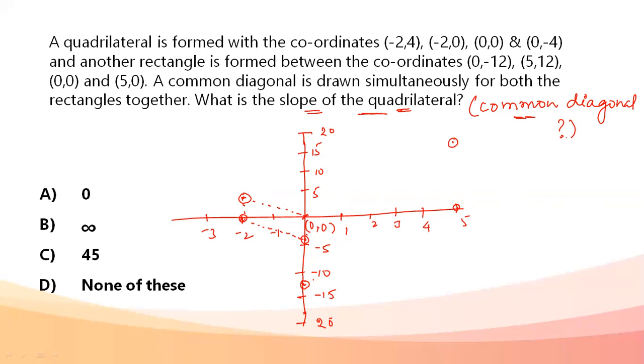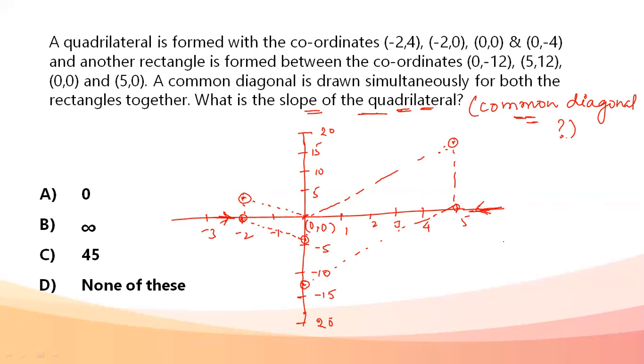Now joining all of them, when we try to look at the common diagonal, this diagonal along the x-axis is what is the common diagonal. So what they want to know, the slope of the quadrilateral, is actually the slope of the common diagonal.